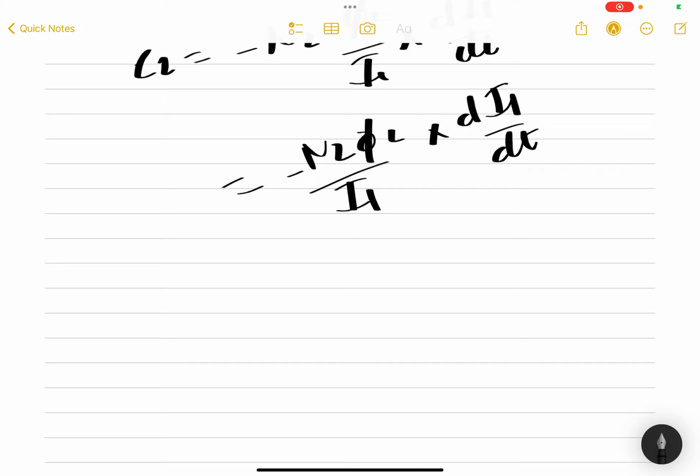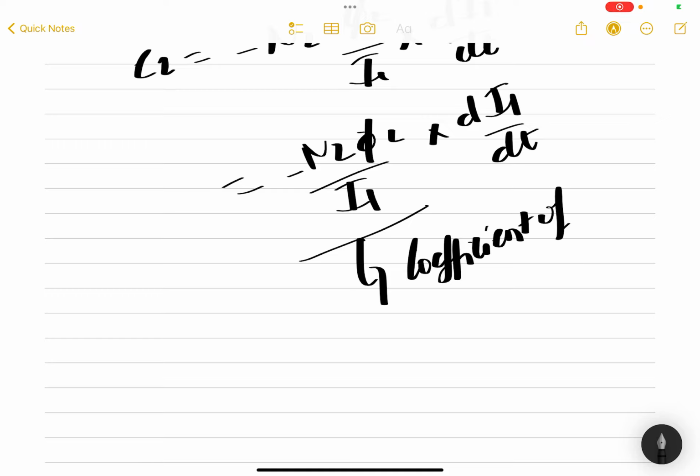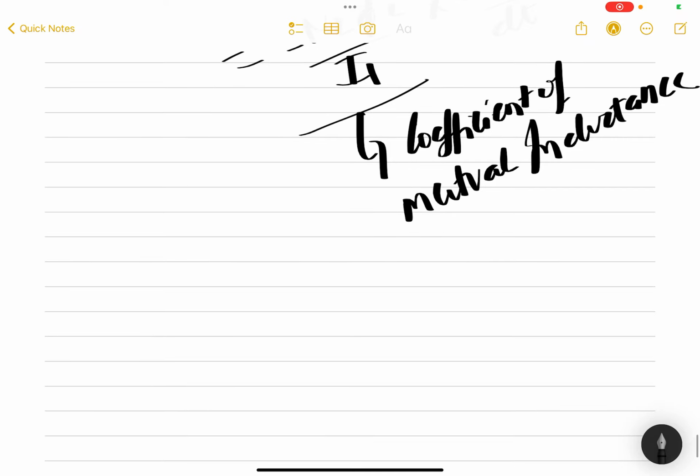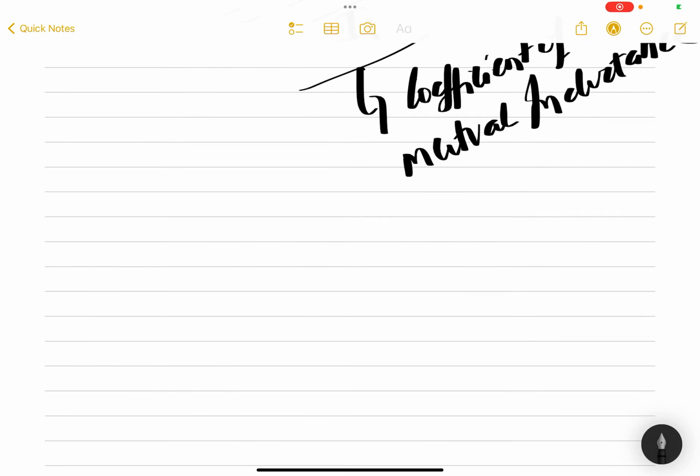Now here you can see N2 phi 2 upon I1 is nothing but your coefficient of mutual inductance. Here the mutual inductance represents the EMF induced in coil 2 due to current flowing through C1.